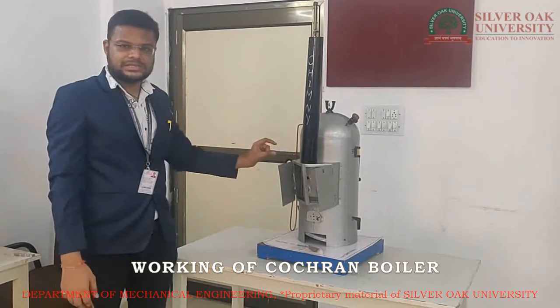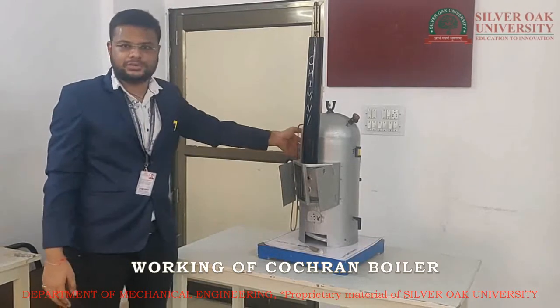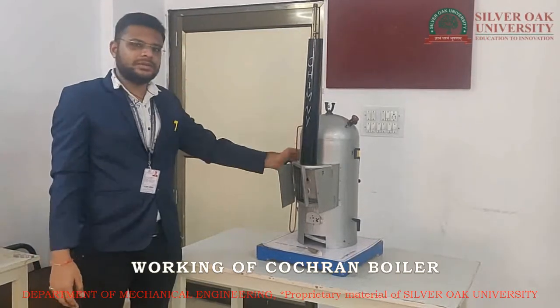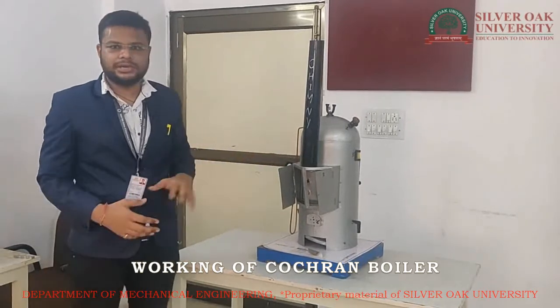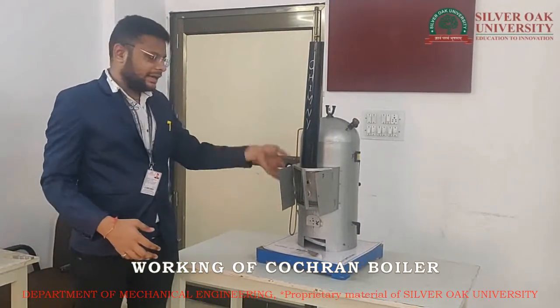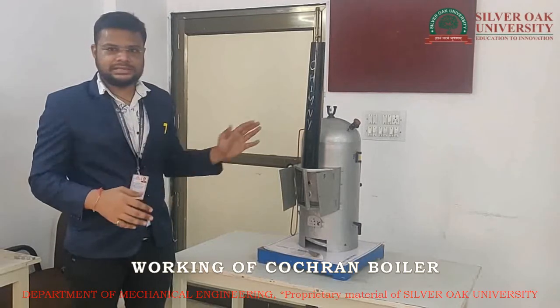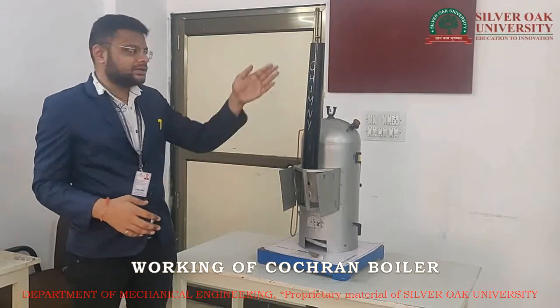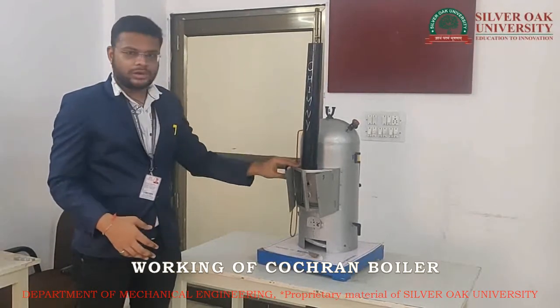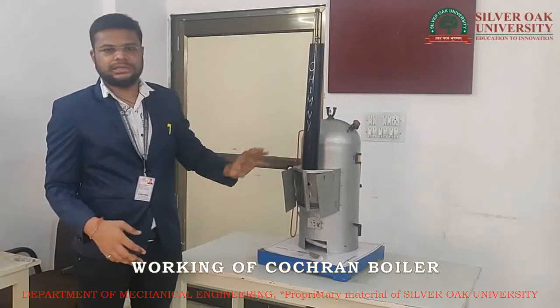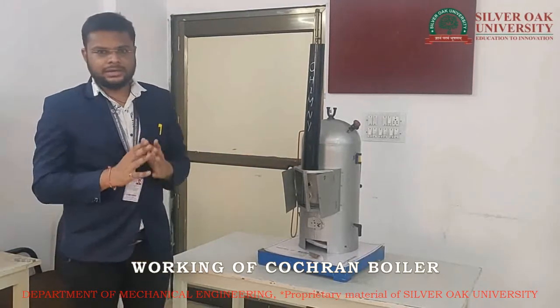So the gases coming from the grate area are transferred to the combustion chamber, and from the combustion chamber they are transferred inside the tubes. And the combustion gases are extracted outside through the chimney, as the smoke box is connected to the other end of the fire tubes.